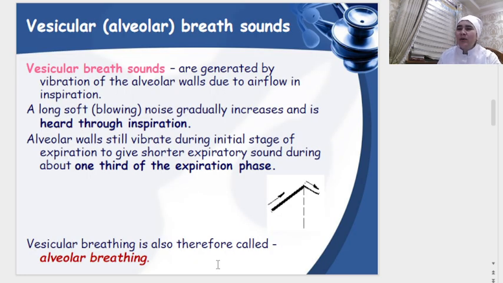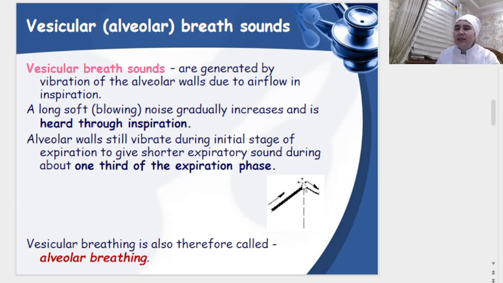Vesicular breath sound. Vesicular breath sounds are generated by vibration of the alveolar walls due to airflow in inspiration. A long, soft noise gradually increases and is heard throughout inspiration. Alveolar walls still vibrate during the initial stage of expiration, giving a shorter expiratory sound during about one third of the expiration phase.